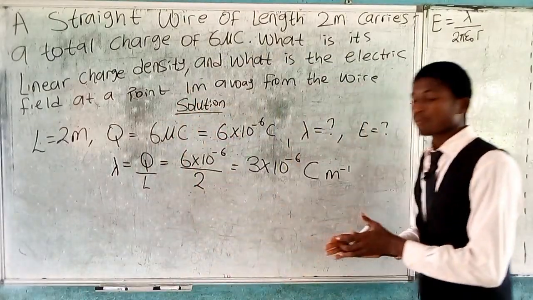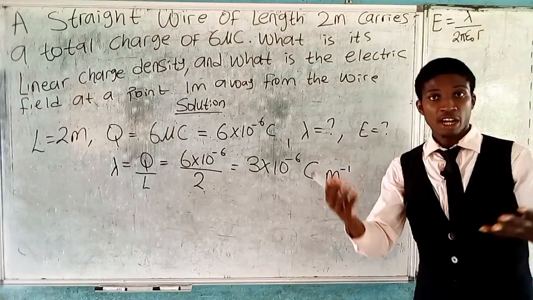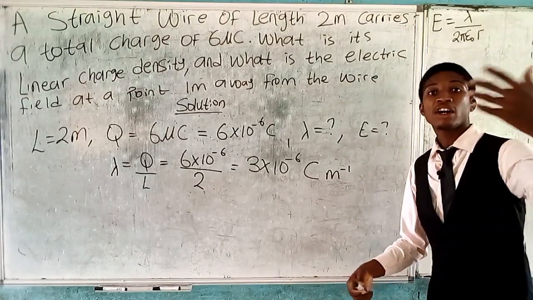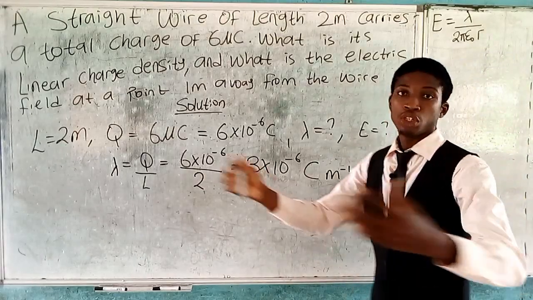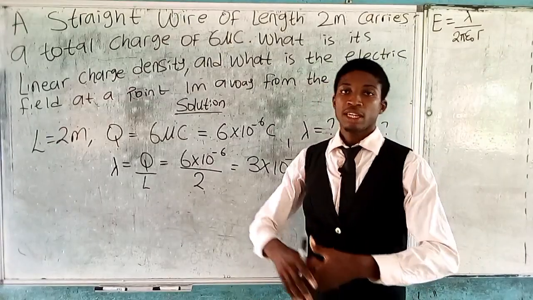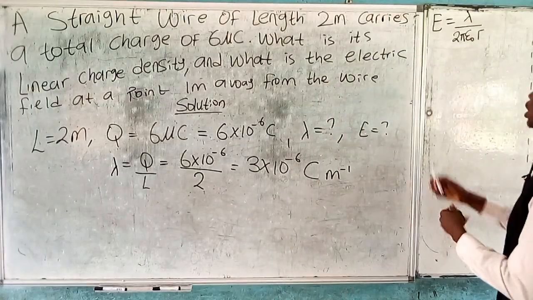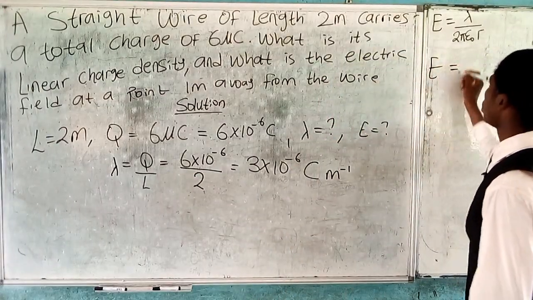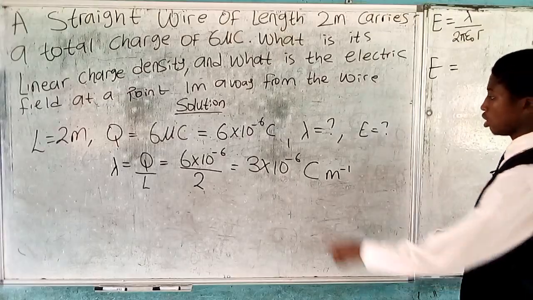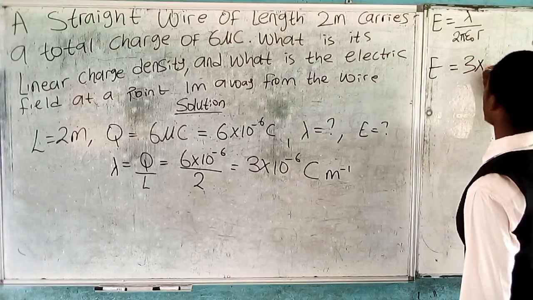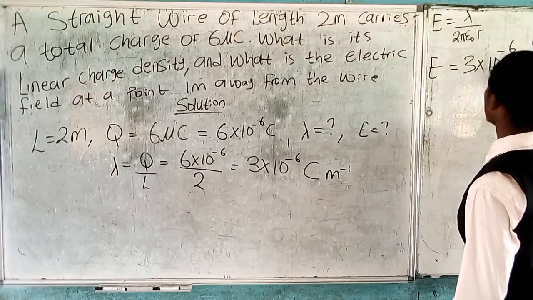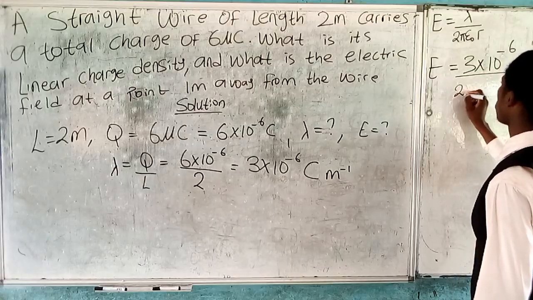So the point away from the wire is also our radius, right? Because remember, our r could be the region where the electric field is being measured. So the electric field is equal to the linear charge density, which is 3 times 10 to the power of negative 6, all divided by, this is 2 pi.